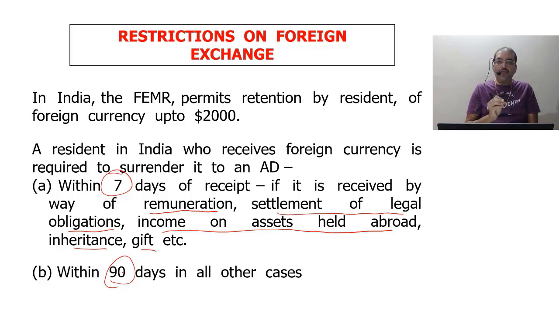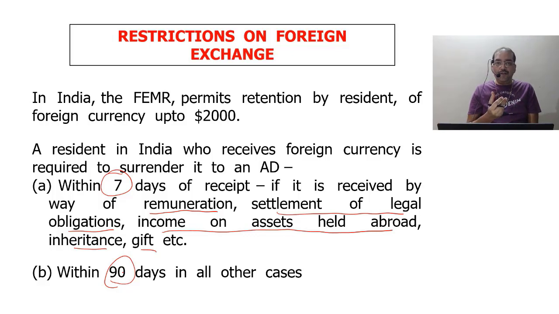And for that, I have to make payment in yen, that is a foreign currency. So I purchased yen from the bank. But later on, after 5 to 7 days, I cancelled the import order of purchasing machinery. But I'm still having the yen with me.